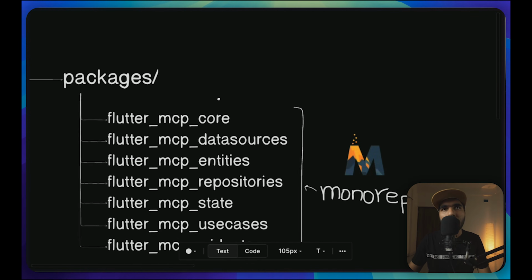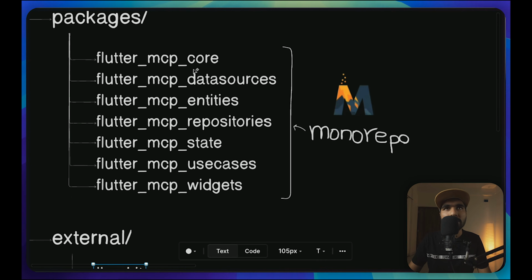So that's it. Regarding the packages, as I said, we'll have our core utility classes. We will have our data sources, where all of the backend stuff lives, which in our case will just be a local storage data source. Inside the entities, we will have all of the entity classes that will be required.